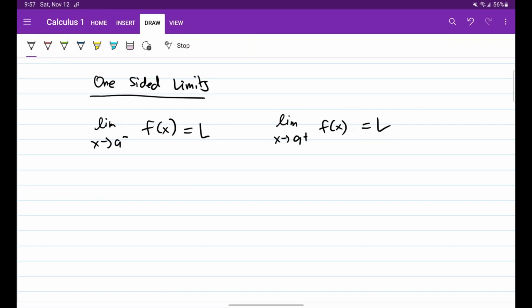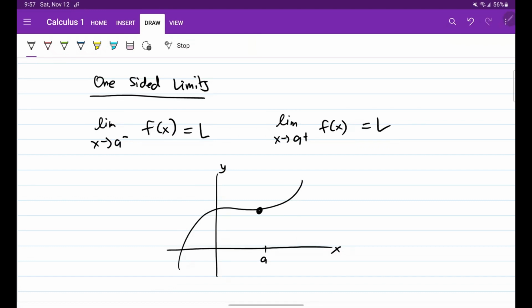Okay? So, pagka sinabi natin na approaching from the left, what does that mean graphically? So, for example, we have a graph here. So, this is the x-axis, this is the y-axis. And let's say we have a point A here. And kapag sinabi sa atin na approaching from the left, meaning all values less than A. So, lahat ng values na nandito.